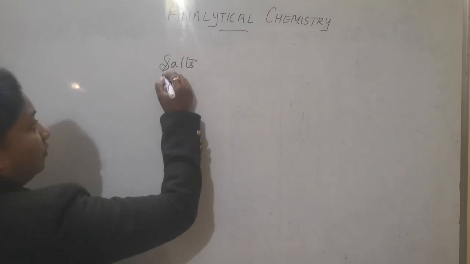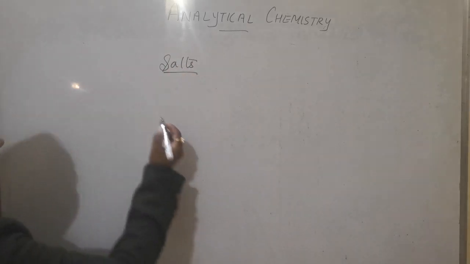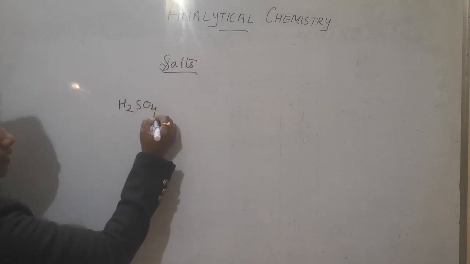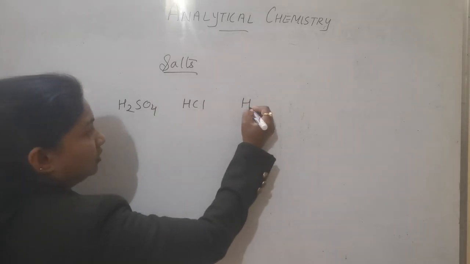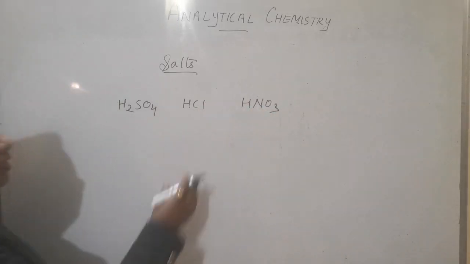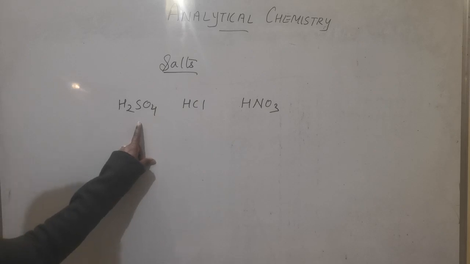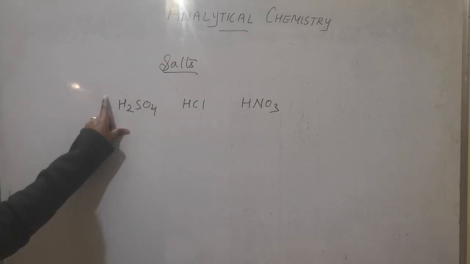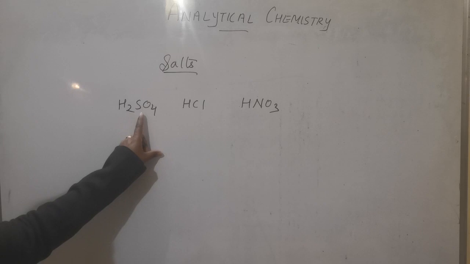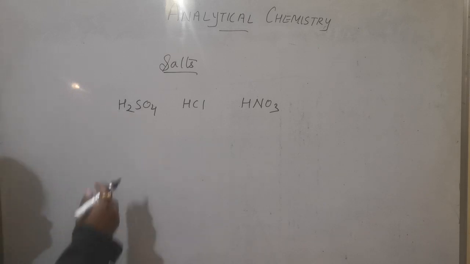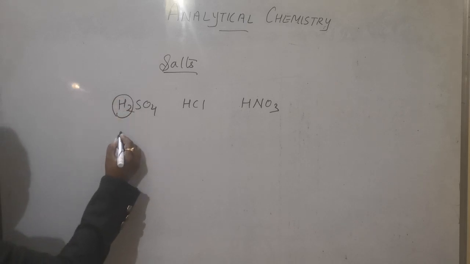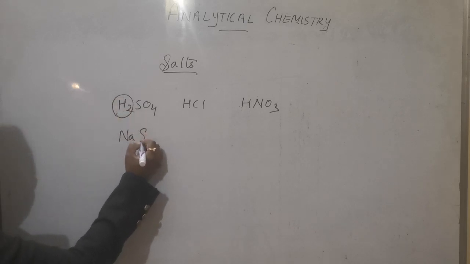When I am talking about salts, that means they are compounds that are formed by the partial or complete replacement of hydrogen from its acidic solution by a metallic cation. So how? Like here it is sulfate.